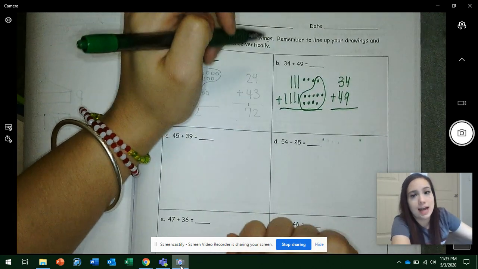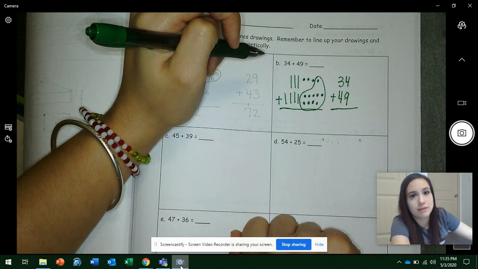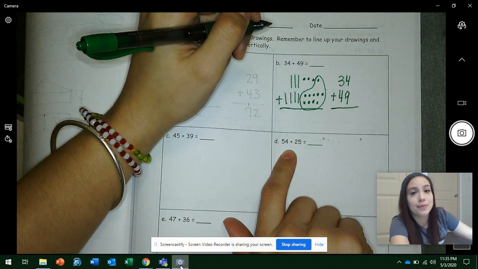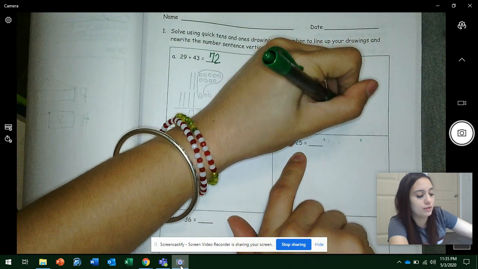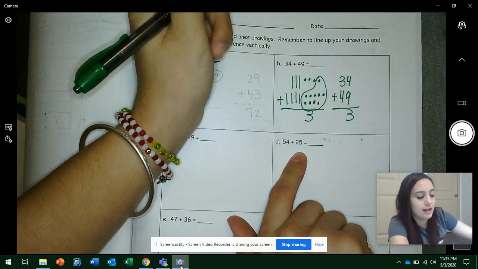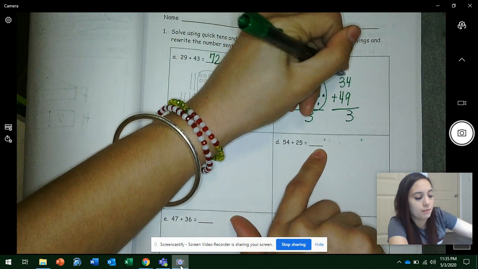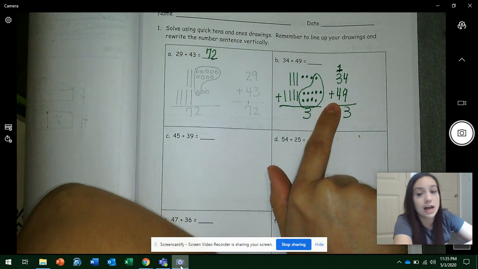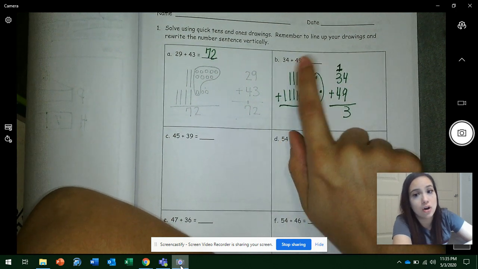And 13 has how many tens and ones, boys and girls? Get ready. Yeah, 1 ten, 3 ones. So we write the ones with the ones. And our new 10, we can write it up here or you can write it down here, wherever you choose. Just make sure you write it with the other 10 so that you can add all the 10s that you have.